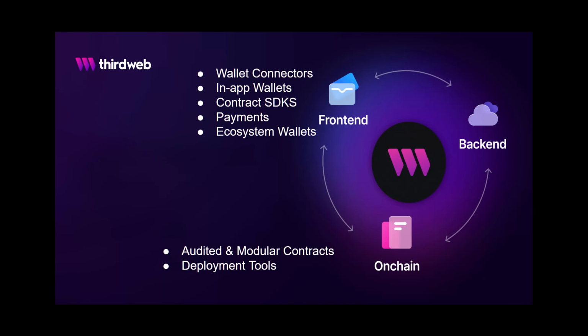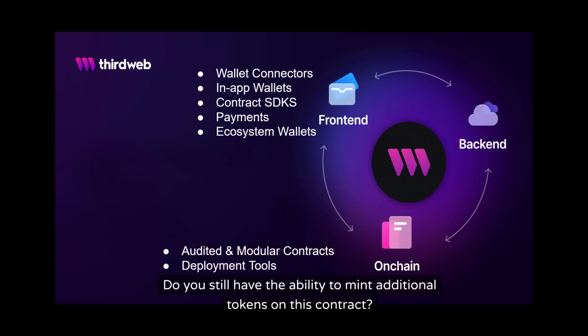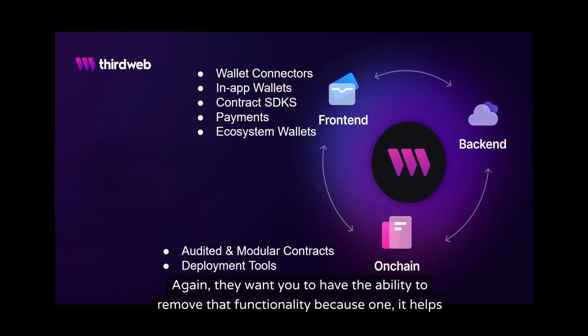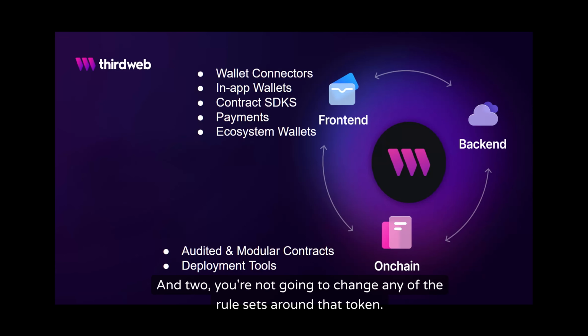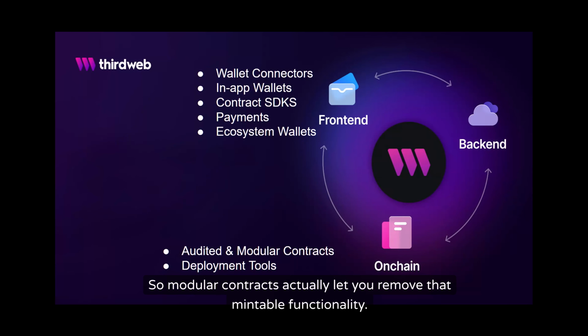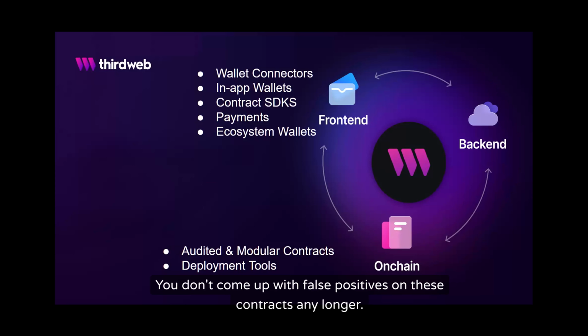Do you still have the ability to mint additional tokens on this contract? Again, they want you to remove that functionality because one, it helps reassure your users that you're not going to inflate the supply, and two, you're not going to change any of the rule sets around that token. So modular contracts let you remove that mintable functionality, and you don't come up with false positives on these contracts any longer.